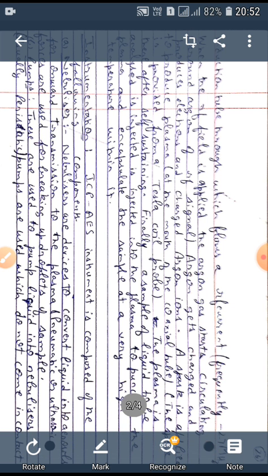Now let us see the instrumentation involved. The ICP, that is inductively coupled plasma atomic emission spectroscopy instrument, is composed of the following main components. The first is the nebulizer. Nebulizers are devices to convert liquid into aerosols for onward transmission to the plasma.